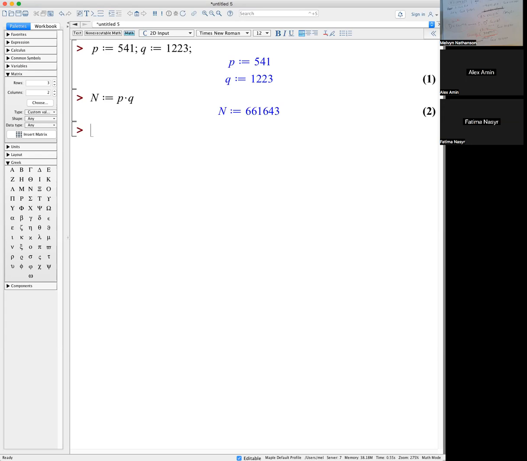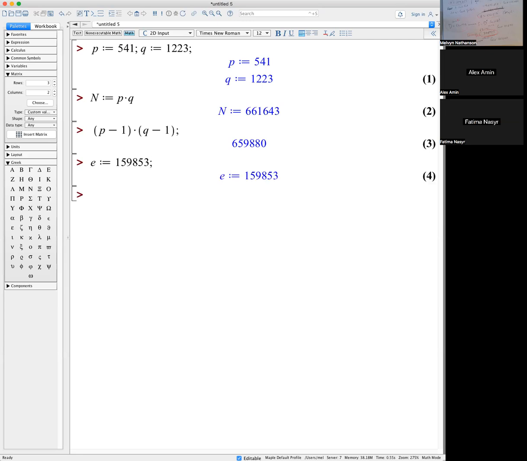And we have to know what is P minus 1 times Q minus 1. And that number is 659,880. And she chooses E to be the number 159,853.